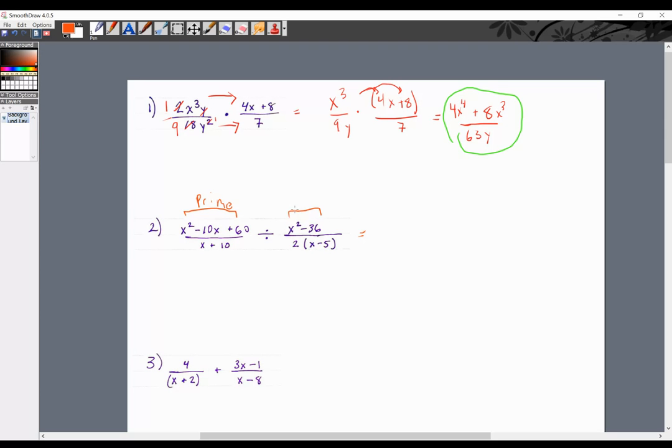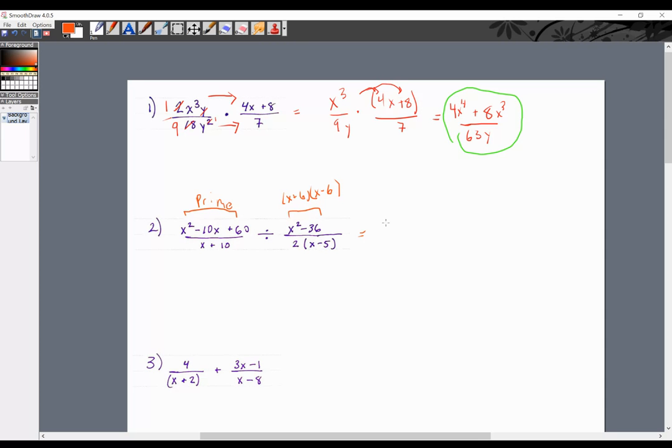Okay. x squared minus 36, we could factor it into x plus 6, x minus 6. It's a difference of squares. But that doesn't really help us because we don't have any other x plus 6 or x minus 6's anywhere, so it's not like any factors are going to cancel. So I'm just going to leave it as it is.